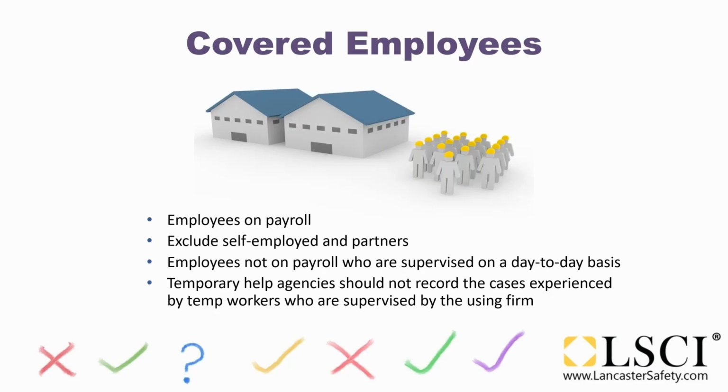We often receive questions from companies who had a temporary employee or subcontractor get injured on the job. Typically in construction, they are unsure if the subcontractor or the general contractor should be recording this injury. What it comes down to is the company who is in charge of the day-to-day supervision of that employee is required to record that OSHA recordable injury. This way we can make sure that the case is recorded appropriately on the applicable OSHA 300 log.